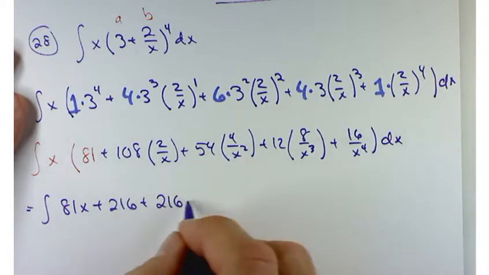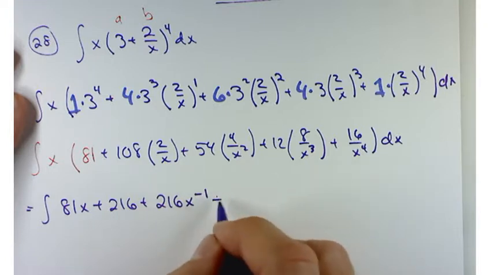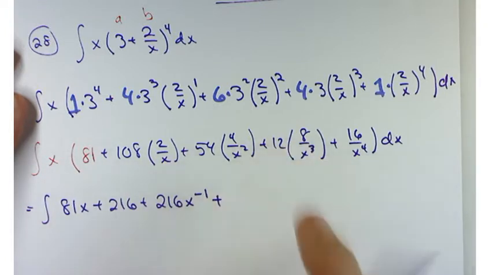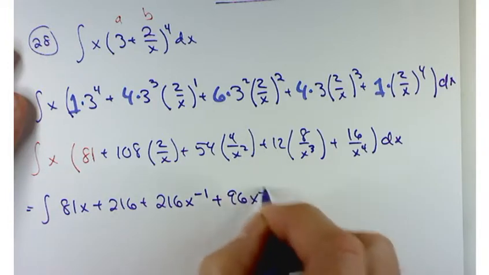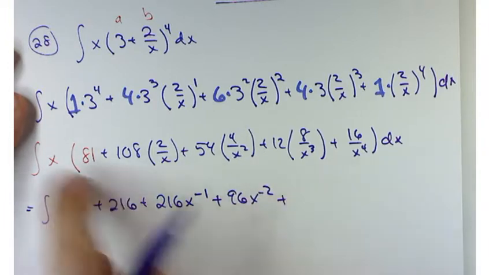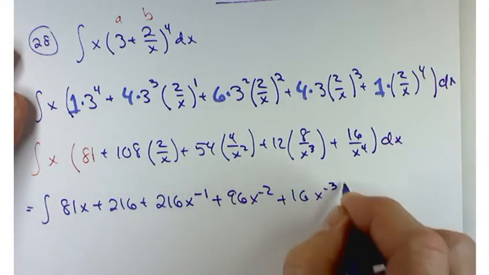Instead of writing over x, I'm going to write x to the negative first plus 96 x to the negative second plus 16 x to the negative third, like that.